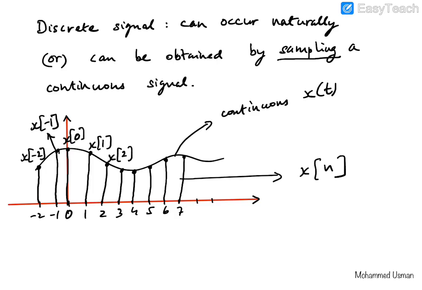As you can see, these index values can take on only integer values. They cannot be fractional numbers. So these indices for the discrete sequence should always be integers. The independent variable n can take only integer values in the case of discrete signals.